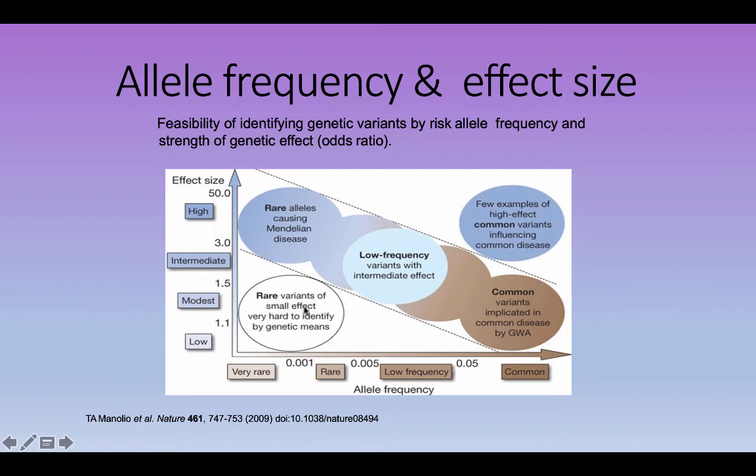Now, the problem is when we move out of this area and we're looking at high effect common variants influencing common disease. There's not a lot of these, but there are a lot of rare variants that have small effects on phenotypes that are hard to associate with genetic outcome.